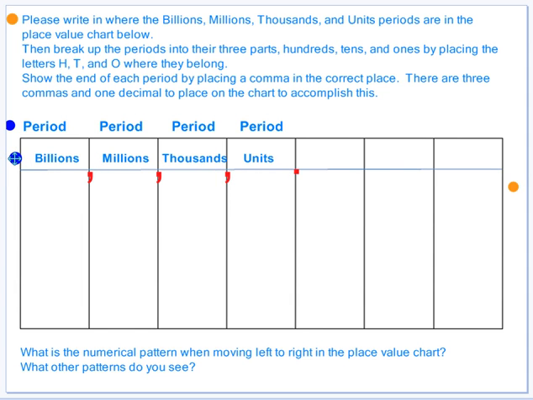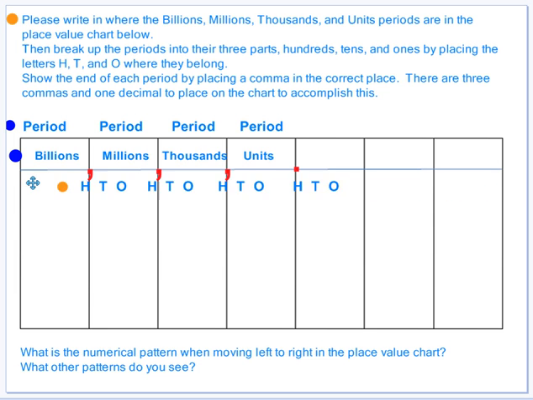Here is what your periods should look like. All the way to the left, we have billions. That's going to be our largest period that we know about so far. Then just below that is the millions. Notice we have commas separating each period. Then we have thousands, and then we have the units period, with the decimal ending the sentence of our periods that we're talking about.